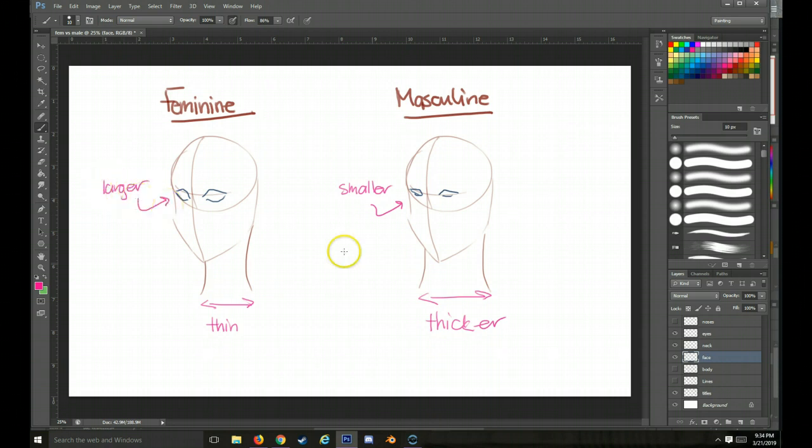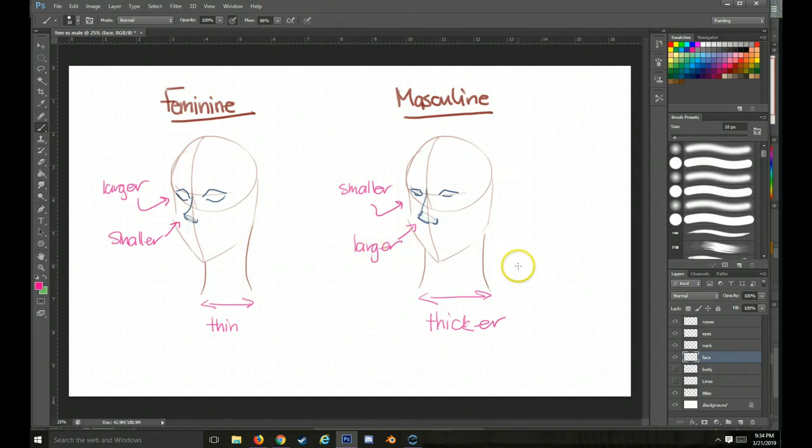And for the nose, it's going to be the opposite. A female or more feminine nose is smaller, more delicate. If you want a nose to read more masculine, you're going to make it larger. So the eyes and the nose are opposite of each other.